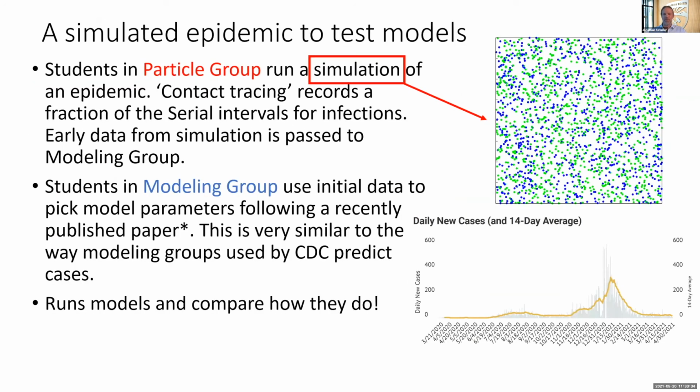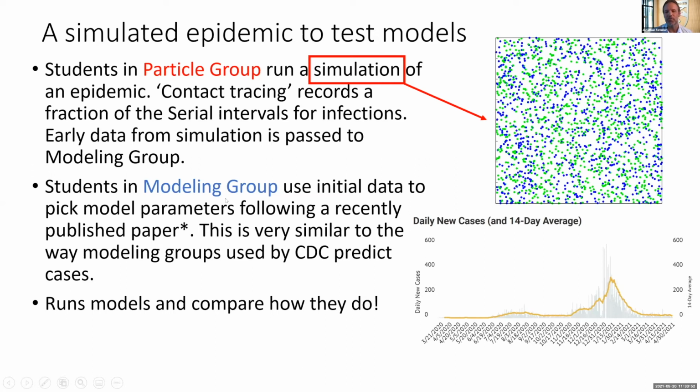So our students were split up into 2 groups, where we had one group, a particle group, that ran the simulations in a variety of different circumstances. And you can do all sorts of different things with these simulations that can try to mimic the behavior of real people.